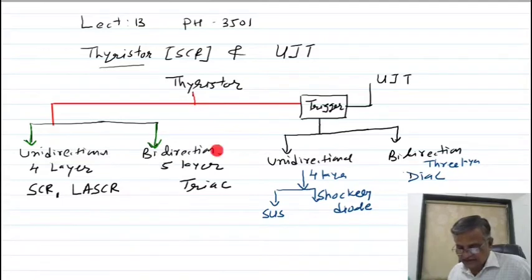In bidirectional thyristor, current flows in both the directions. A thyristor can be switched from off to the on condition, and once the thyristor is fired, current starts to flow and will continue to flow unless you remove the voltage across the thyristor.